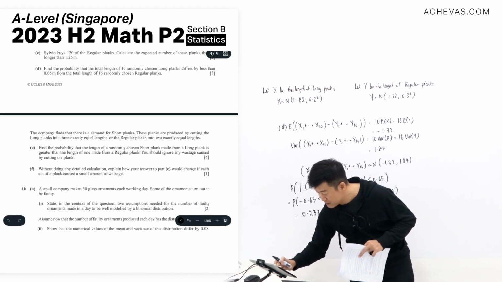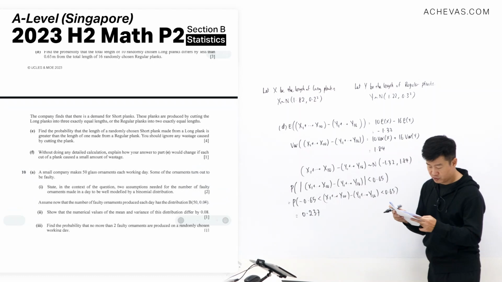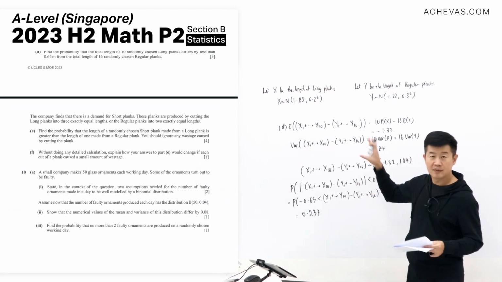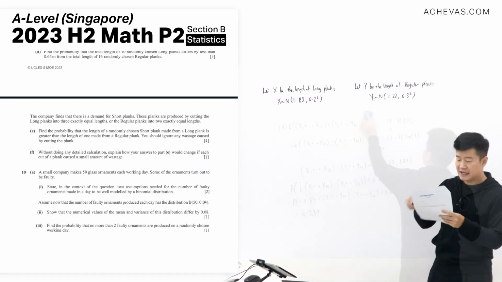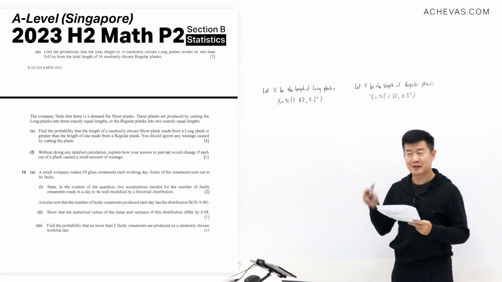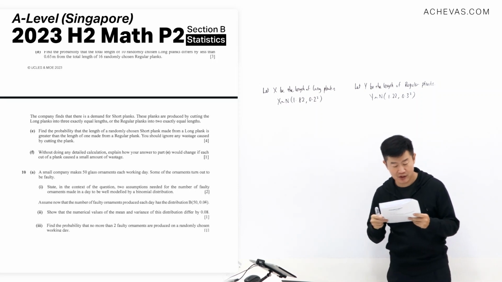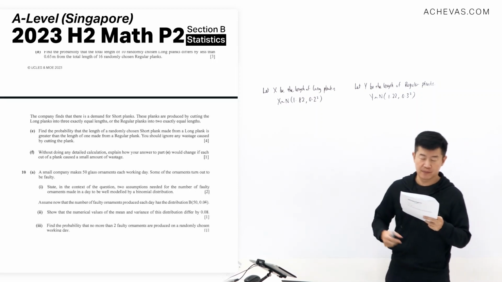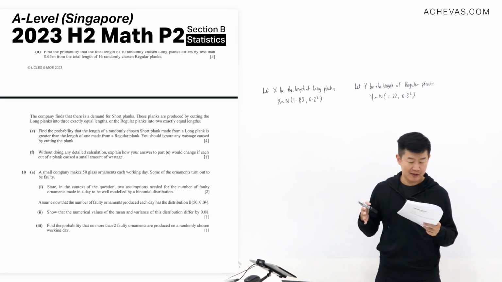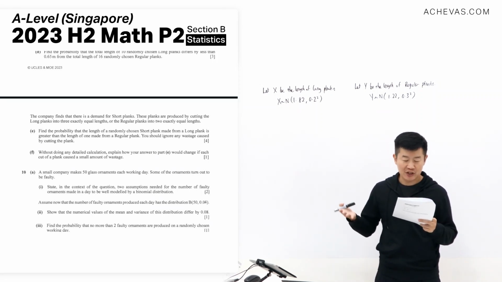Okay, so this is for part D. And we have one last portion of this question to deal with. So let me erase this first. In this last part, part E, we are going to be looking at this company trying to get some shorter planks. They are called short planks.